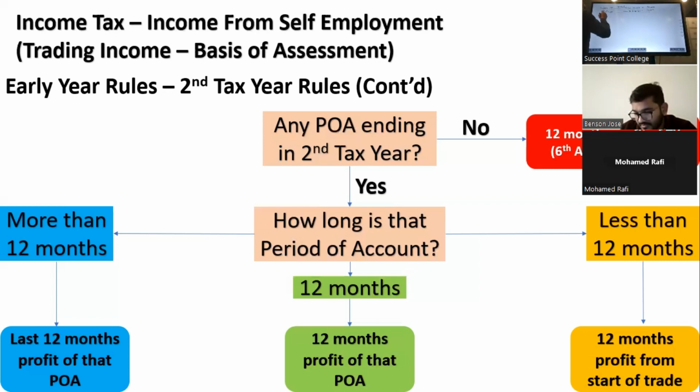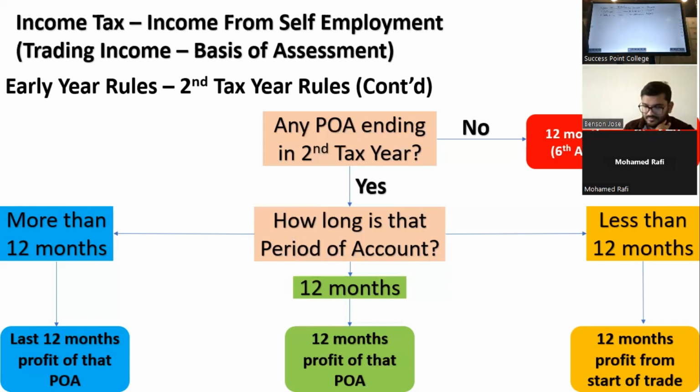And then from 1st July 21 to 30th June 22, the profit was 96,000. So let's suppose this is the situation. Started business on 1st January 19.